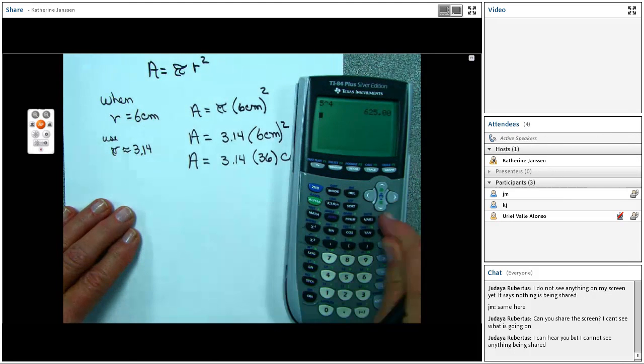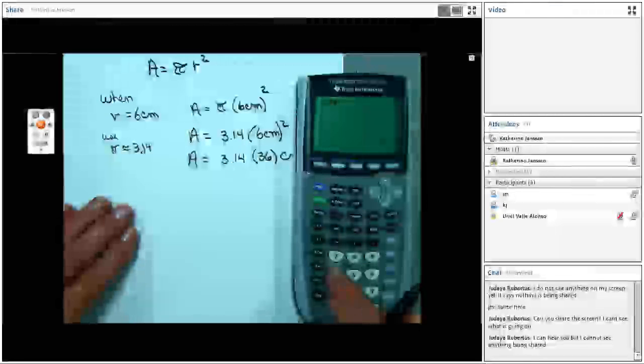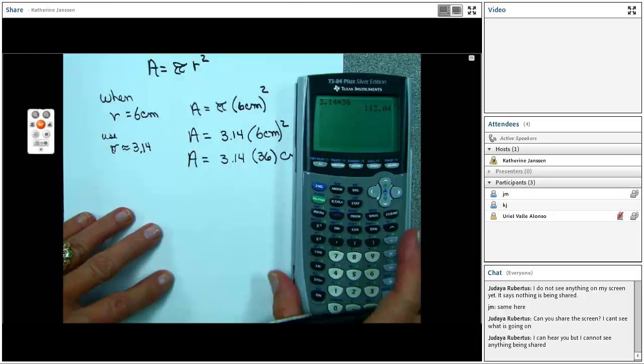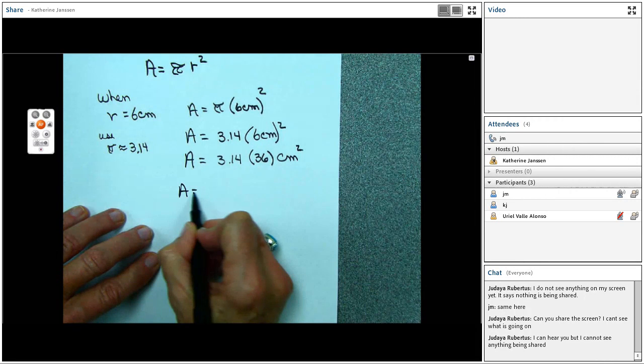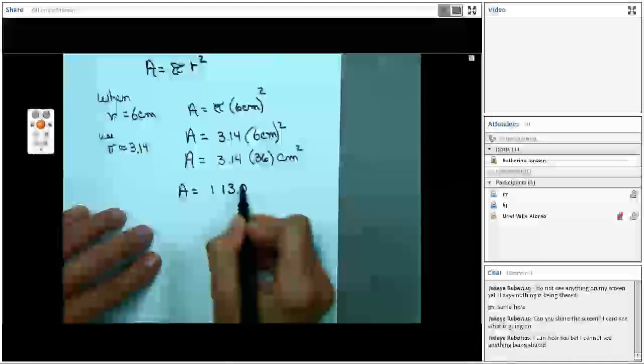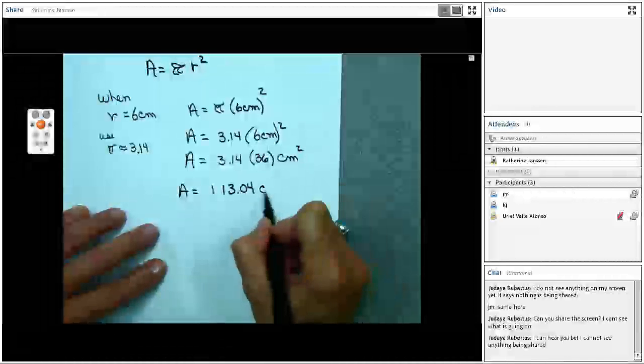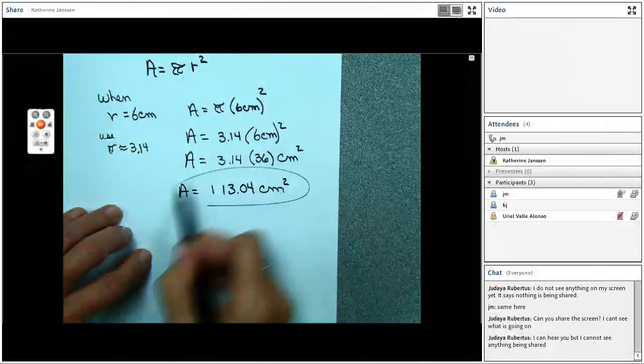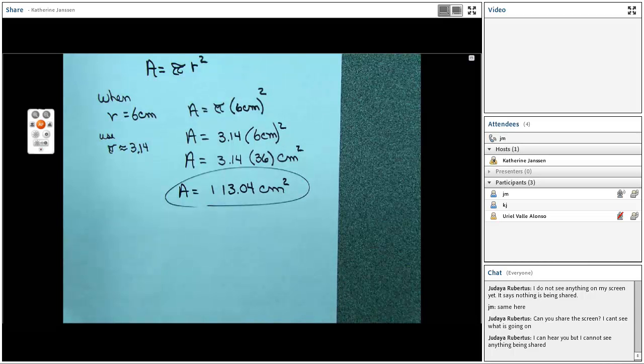And with my calculator, 3.14 times 36 is 113.04 centimeters squared. Remember, with any story problems that you label your unit measurement, and with area, your result is in unit squared.